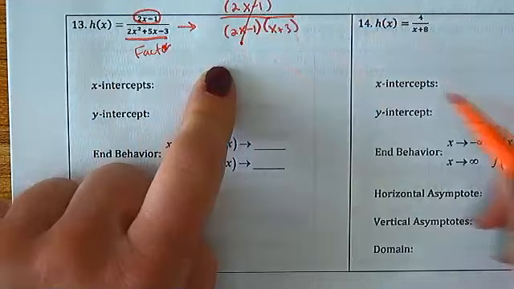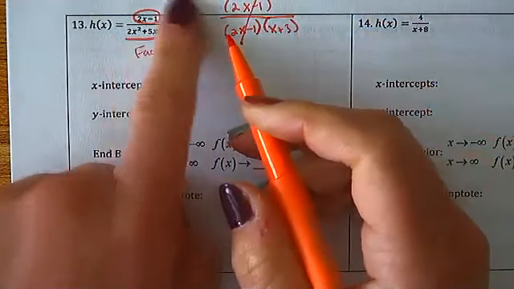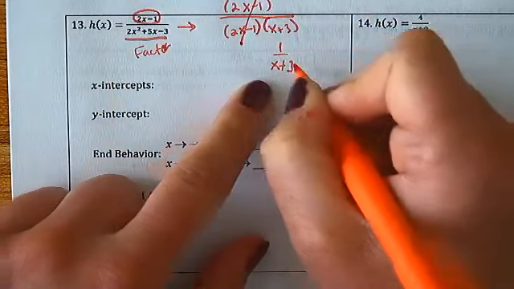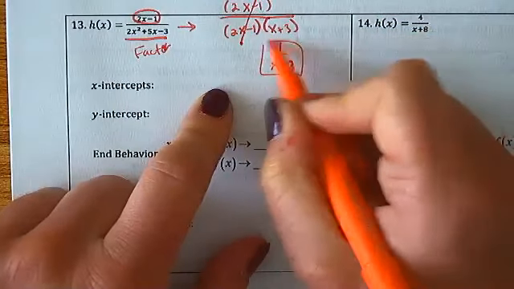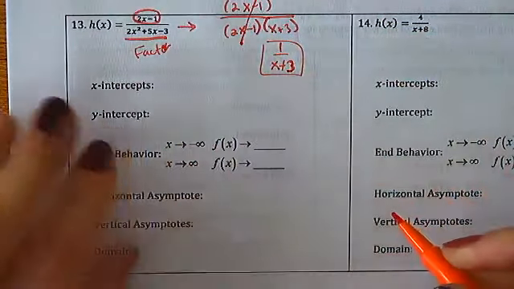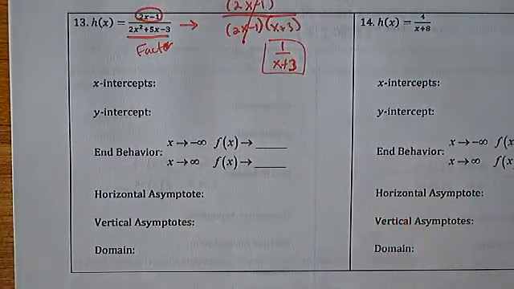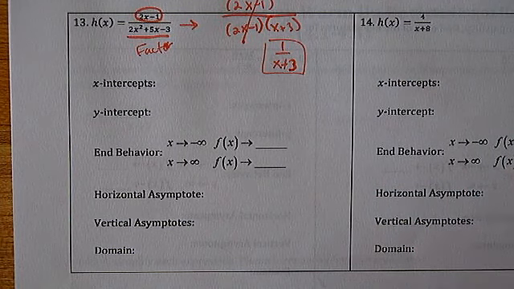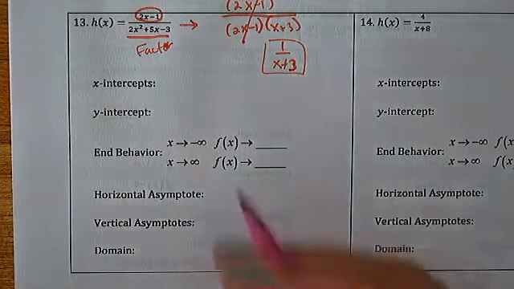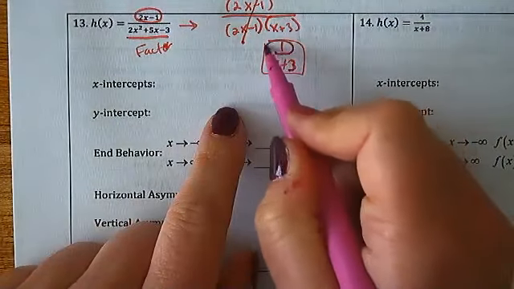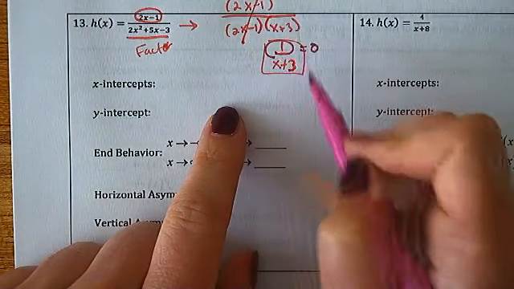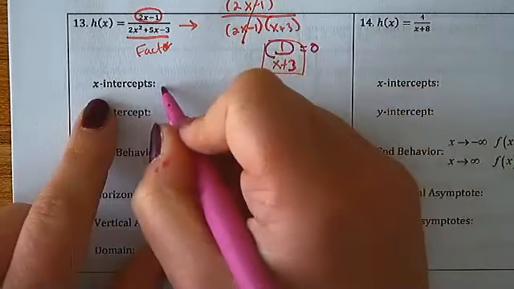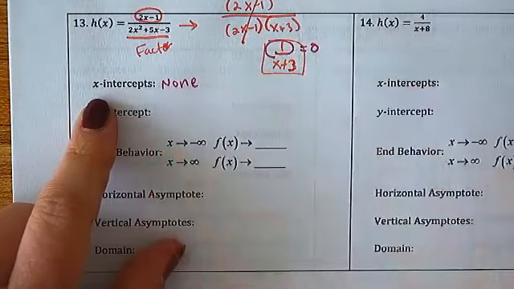And look what happens there. This thing simplified is 1 over x plus 3. And that makes it a little bit easier for us down here. So our x-intercept, if we set the numerator equal to 0 and solve for x, is there an x to solve for? No. So that means that there's actually none.